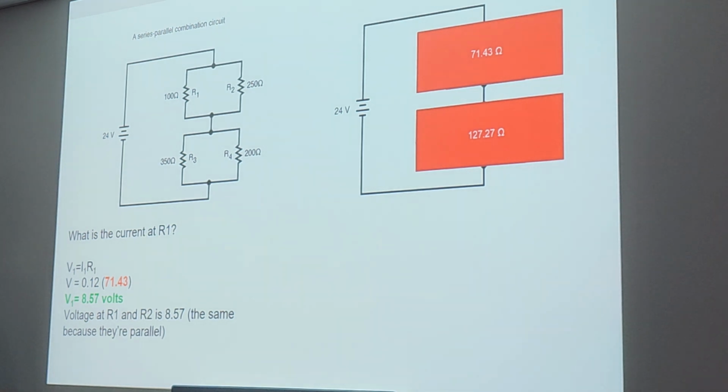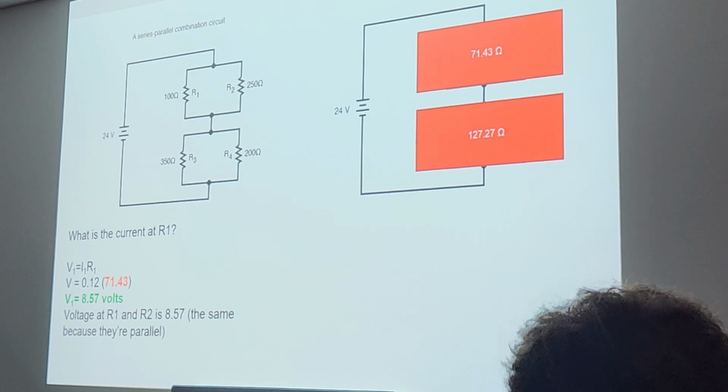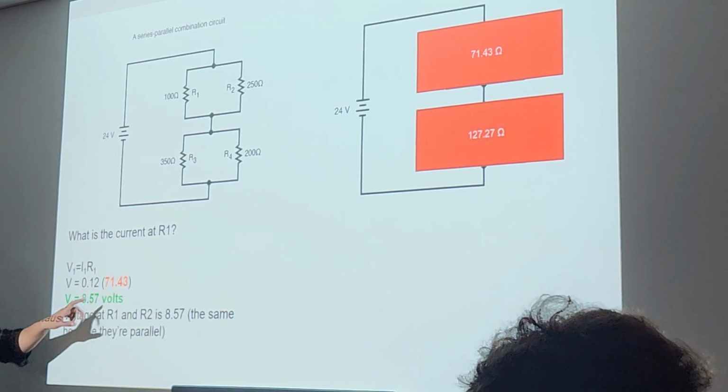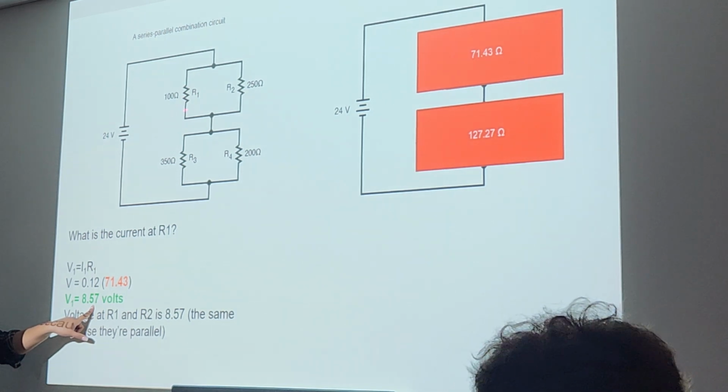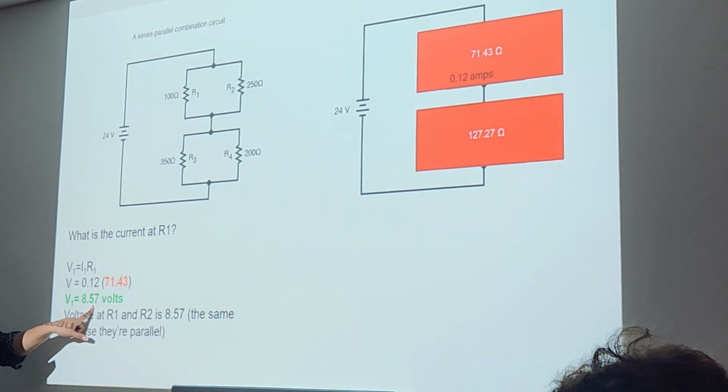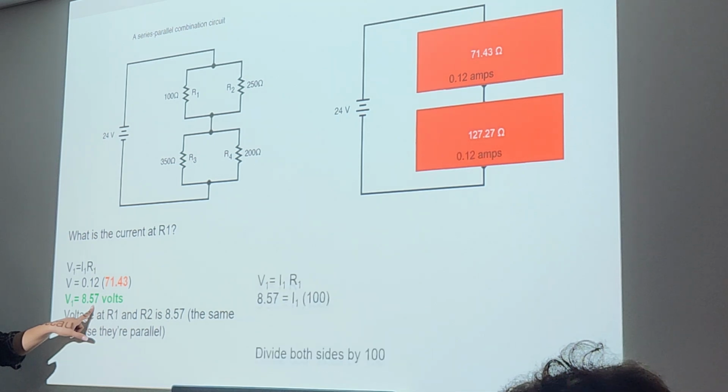So we would have to use the current here, which is 0.12, right? And then we would have to use that resistance. Multiply those two together, that would give you the voltage in this section. Then you have voltage and resistance, and then you can just find the current.